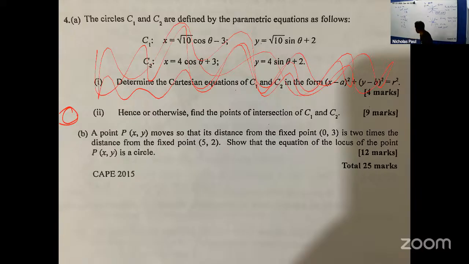Right? Let's check out this one on locus. I'll join them on the board first and then I will remove this, right? So the point XY is such that its distance from 0, 3 is 2 times the distance from 5, 2.